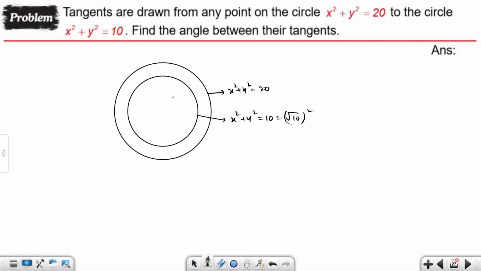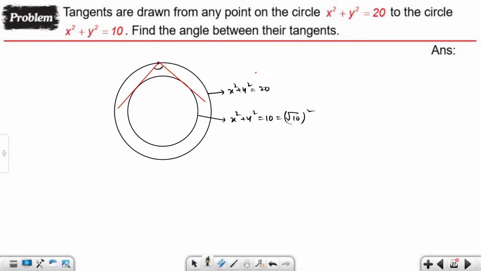Now what they have said is, you take any point on the outer circle and draw tangents to the inner circle. So I have drawn tangents to the inner circle, right? And the question is, what is the angle between these two tangents? That's the question.